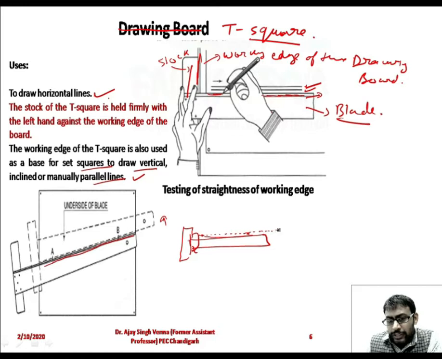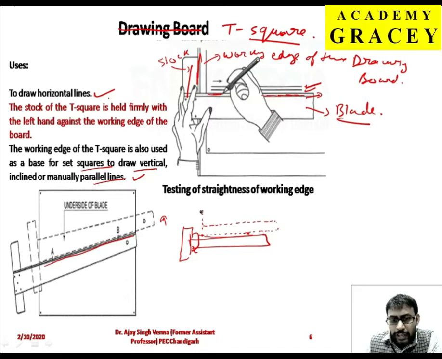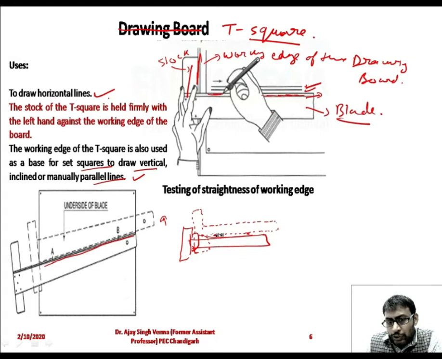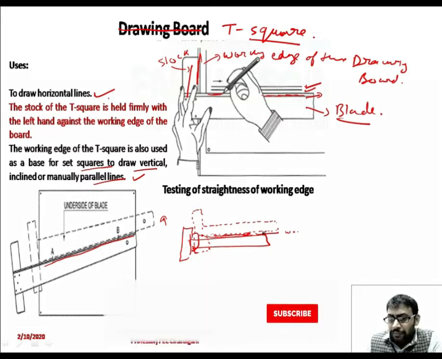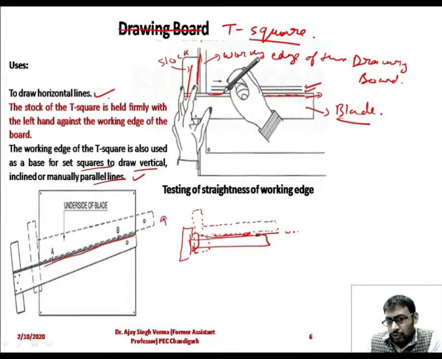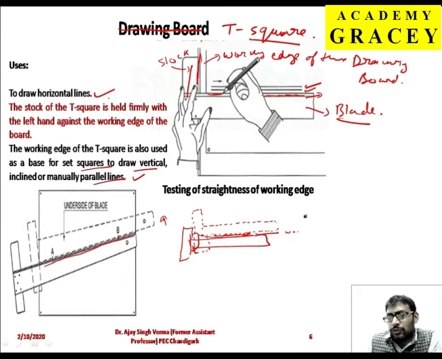In the dotted line you can see in your figure also, I am just plotting again. These 2 points coincide when we rotate this working edge. It means the lines are parallel and straight, so the working edge has no problem. If the 2 points do not coincide with each other, it means the working edge of the T square is faulty.